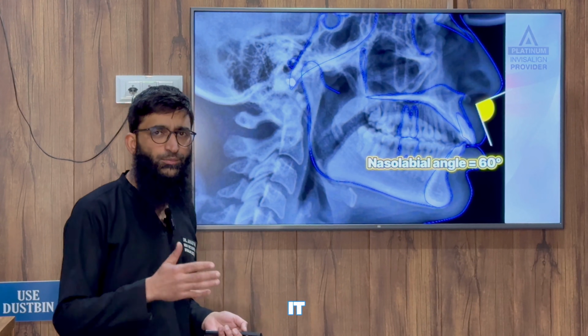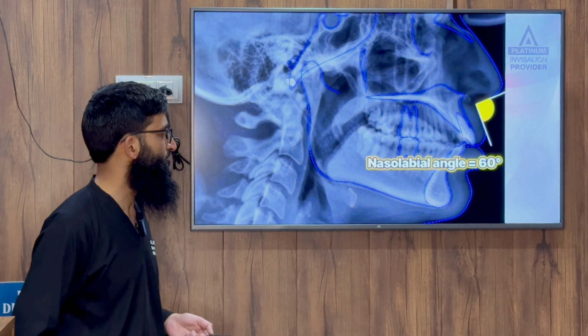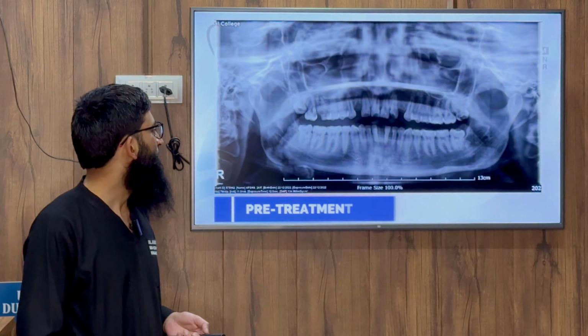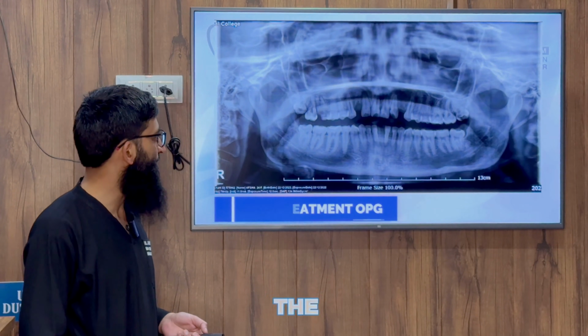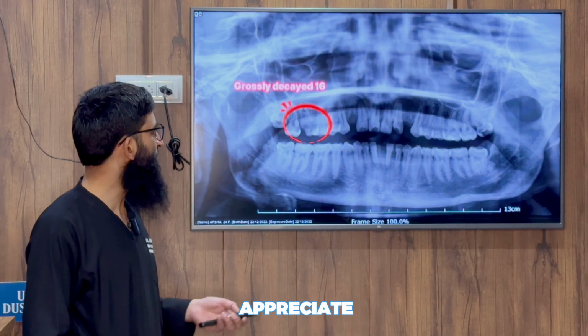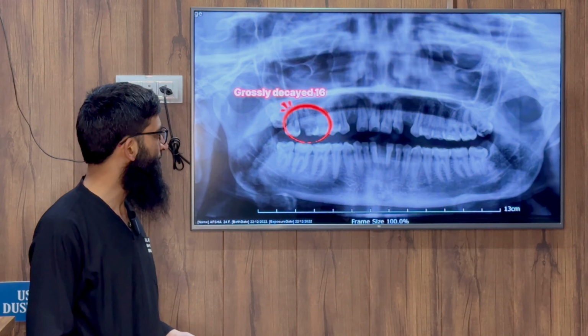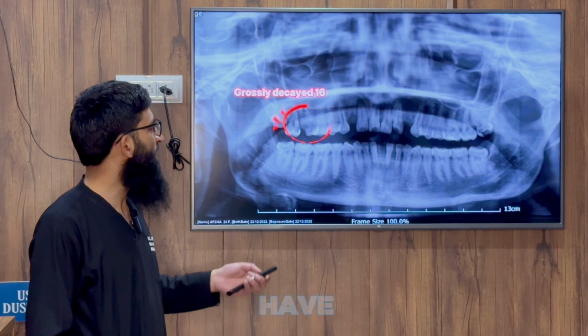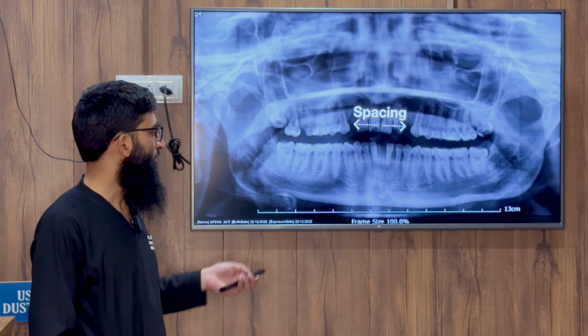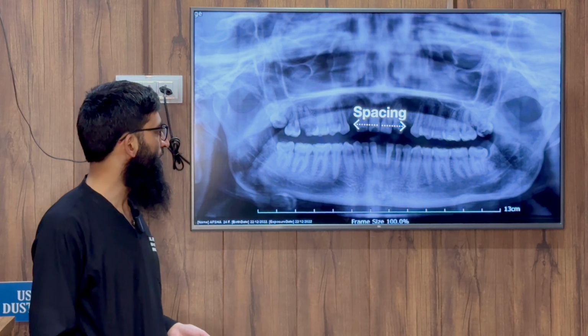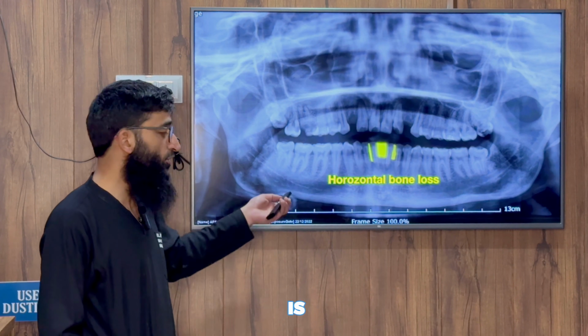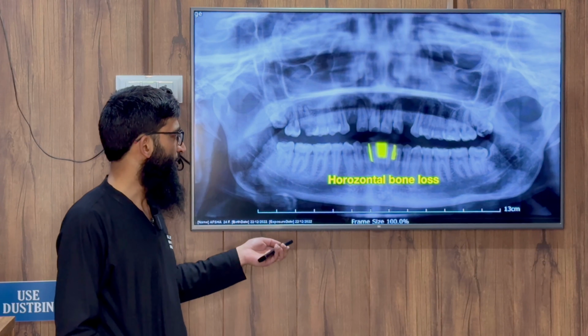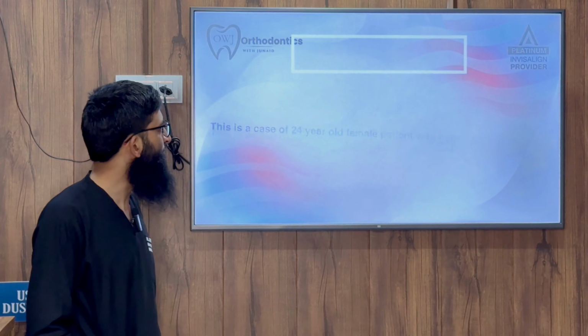We need to increase it by retracting the upper incisors. Now this is the pre-treatment OPG of the patient. Here we can appreciate a grossly decayed 1/6, spacing distal to the lateral, and a horizontal bone loss. The patient has horizontal bone loss.